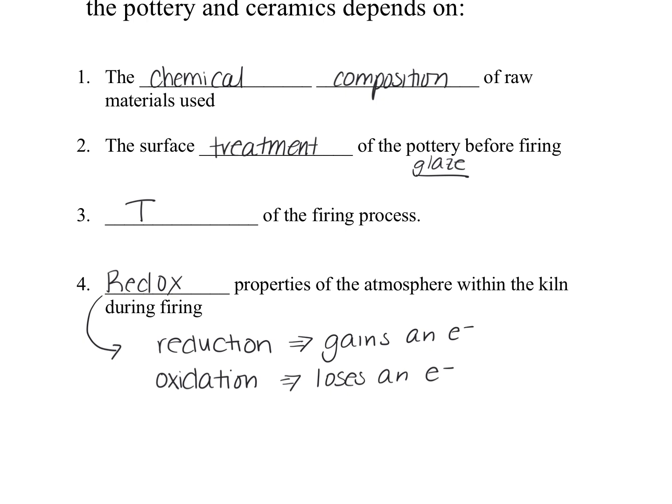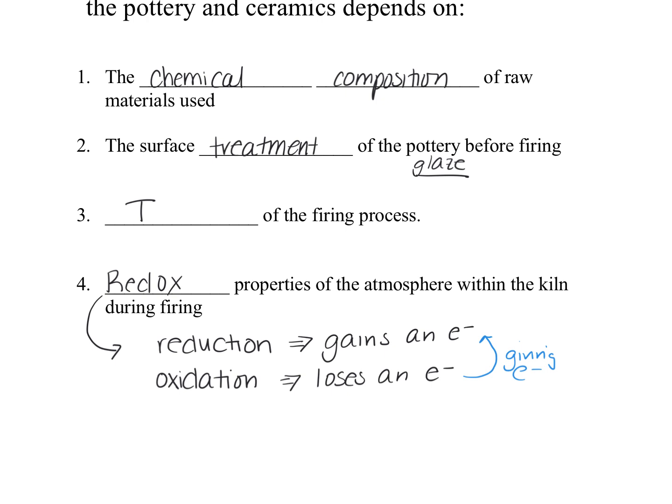Now, this doesn't really gain or lose. What's going through oxidation is giving the electron to whatever is going through reduction. That transfer of an electron is called a redox, and that's going to change the charge on your materials, which can change the color.